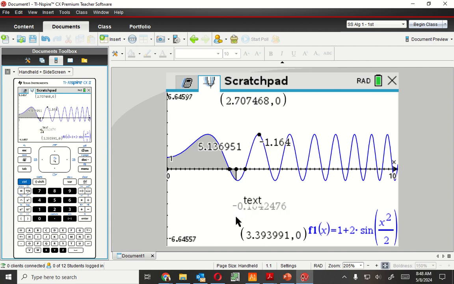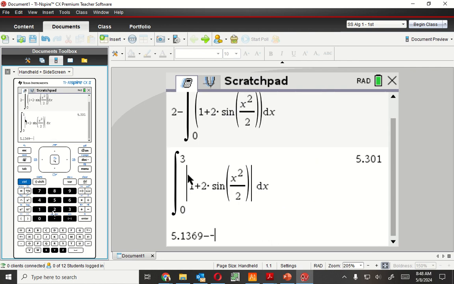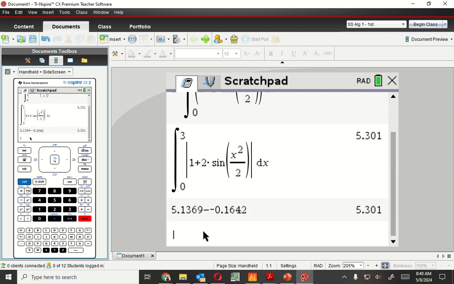My other graph is negative 0.1642. So now, by doing this here, I get the same answer that I had over here. Both of them are going to give me the same answer.